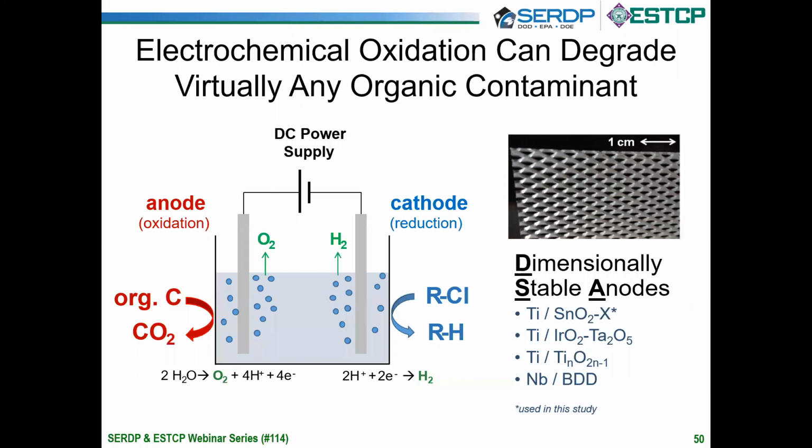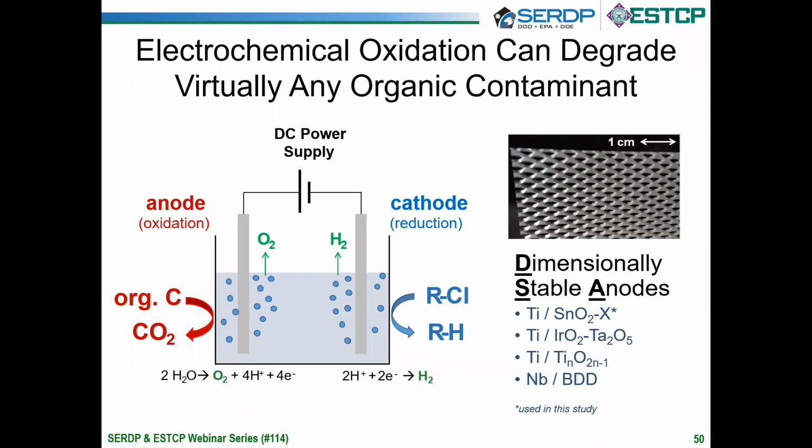We have studied these processes with different dimensionally stable electrodes or anodes over time. So these are non-sacrificial electrodes that are stable over long periods. And you can see a couple of materials here that we've tested. The results that I'm presenting today mostly focus on a titanium anode that is coated with a doped tin oxide substrate.